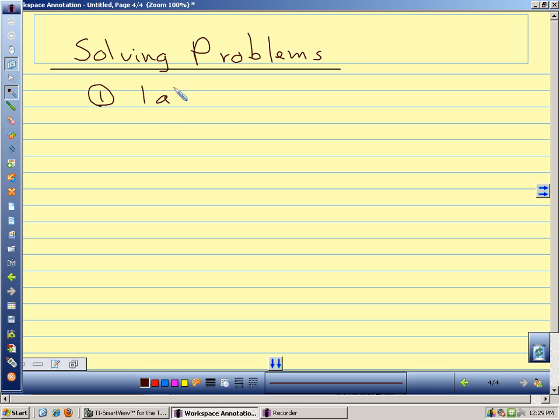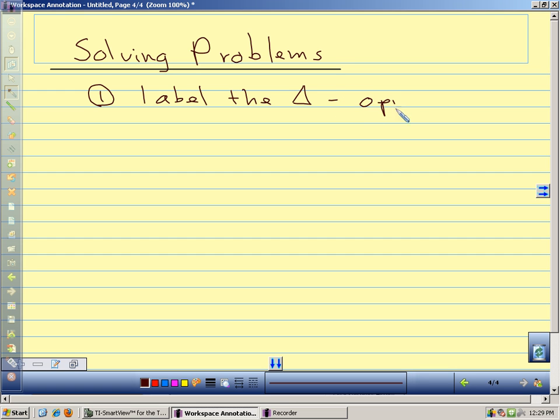So label the triangle. And what I mean by label the triangle is you want to figure out which side is opposite and which side is adjacent. So just like we did right at the beginning, we labeled the sides.